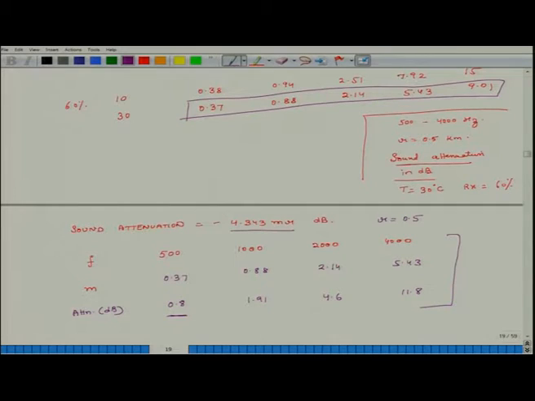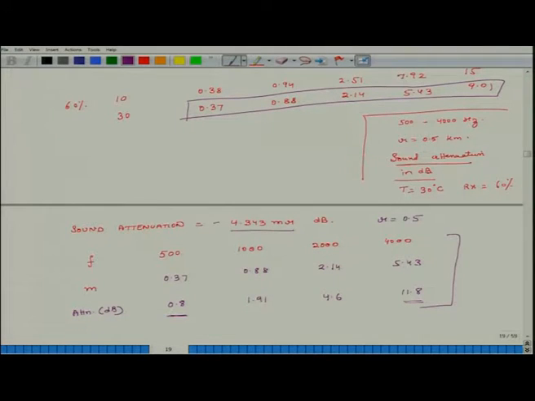Each time the power goes down by a factor of 10, you lose 10 decibels. So the power which is reaching half a kilometer away is 11.8 decibels less, which is less than 10% of the power which was generated at the source at 4000 hertz. But at 500 hertz, virtually all the power is reaching out.